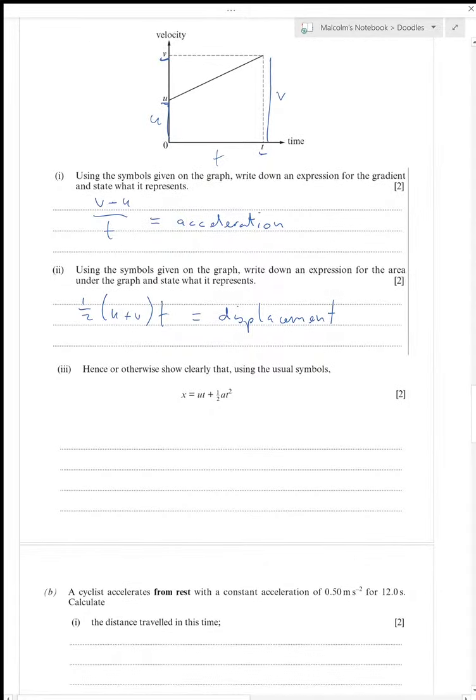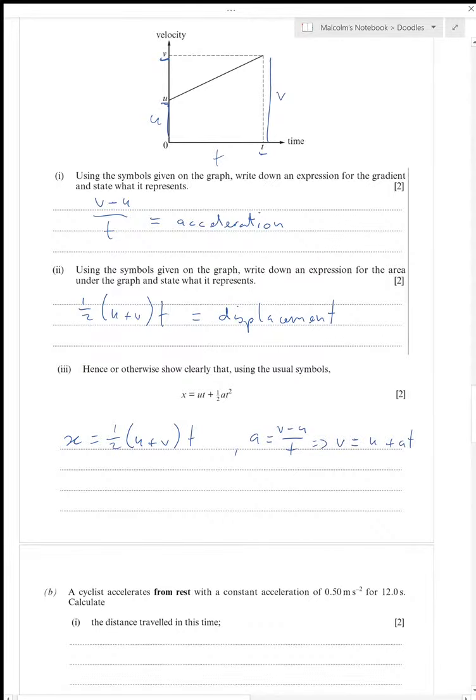Hence or otherwise, show clearly using the usual symbols x equals ut plus a half at squared. So from our previous answer, we can write that x is a half (u plus v) times t. And from the answer before that, we have that a is equal to (v minus u) over t. A quick rearrange gives v equals u plus at.